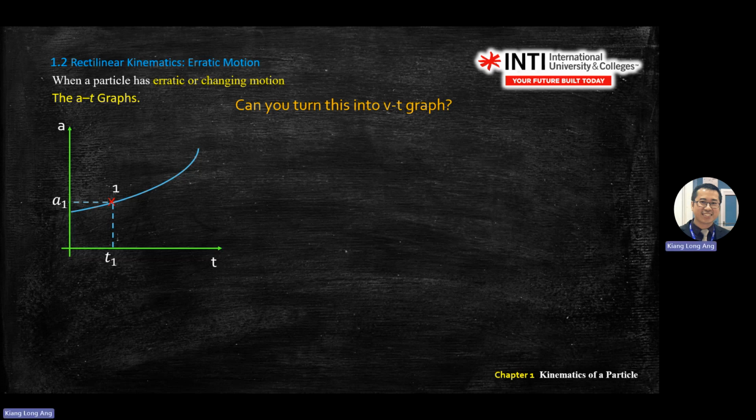So just recall what you learned in your mathematics. Let's say I use the linear graph, y and x. This is y equal to mx plus c. Let's say I have 2 points, point 1, point 2. So the gradient m equal to dy dx, which is y2 minus y1 over x2 minus x1.